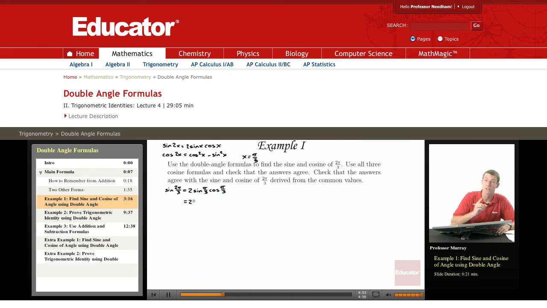And I remember that the sine of pi over 3, that's a common value, is root 3 over 2. Cosine of pi over 3 is 1/2. So the 2 and that 1/2 cancel, and what I get is root 3 over 2.